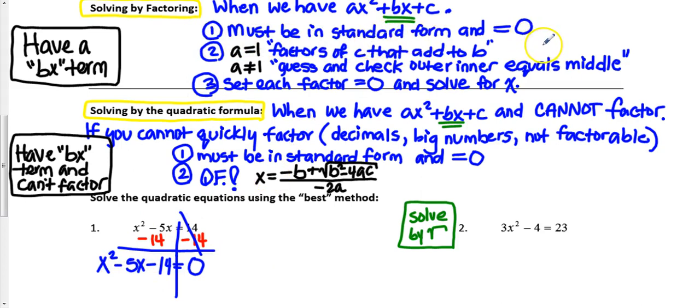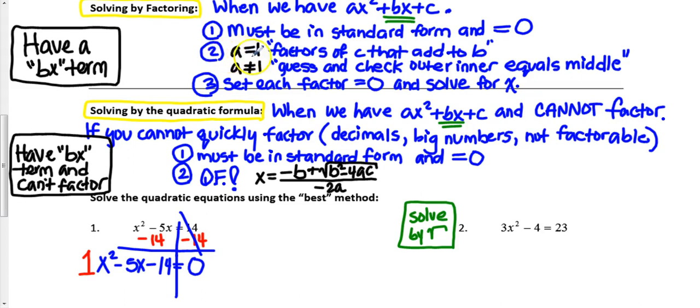Now we have to decide, is A 1 or is A not 1? And when we talk about A, we're talking about the number in front, the coefficient of x squared. So I know that technically there's an invisible 1 out front.